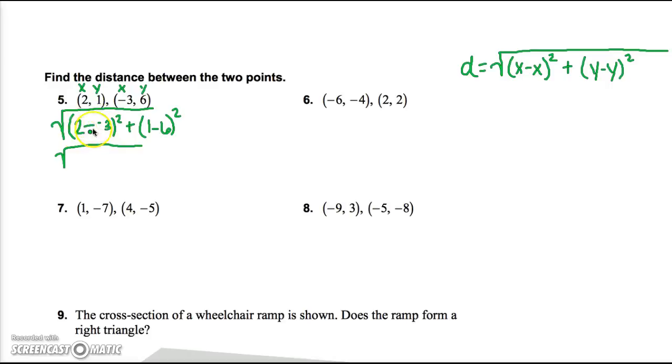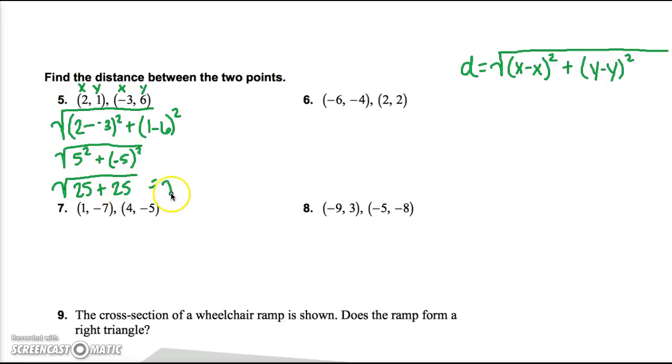Well, this becomes, that minus a negative becomes 2 plus 3, which is 5. So 5 squared plus 1 minus 6 is negative 5, and negative 5 squared is what we have here. Okay, keep going. 5 squared is 25. Negative 5 squared is also 25.